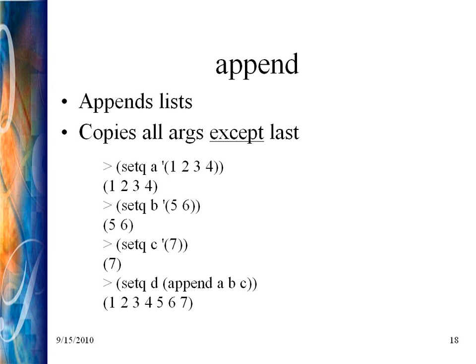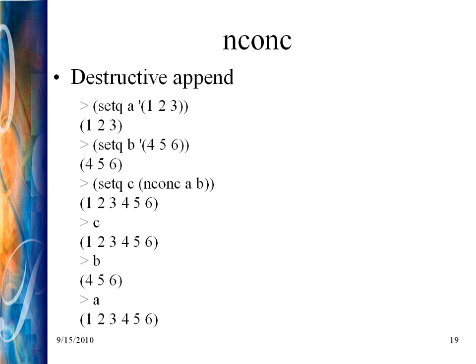So append copies all args except the last, as I showed. There's a function called nconc, N-C-O-N-C, which is a destructive version of append. There are a lot of Lisp functions which are called destructive, meaning that they modify their arguments, and so the arguments after the function has been called may or may not be different from what they were before.